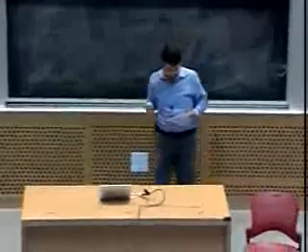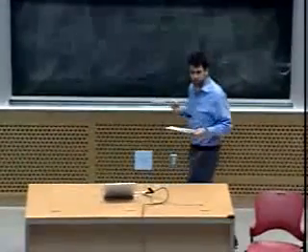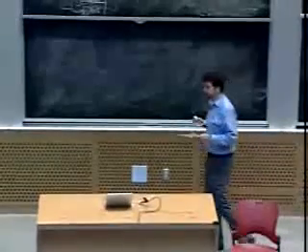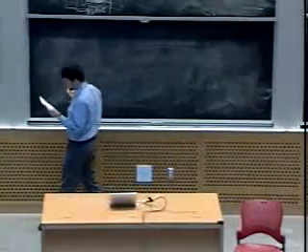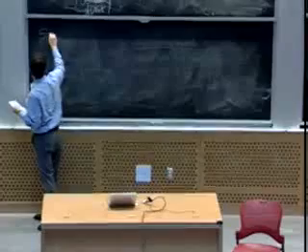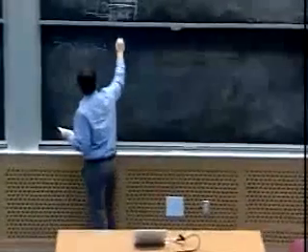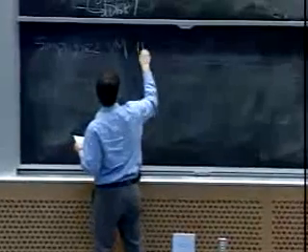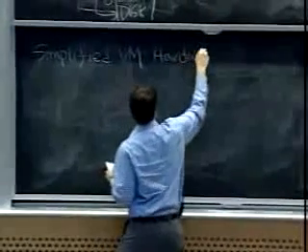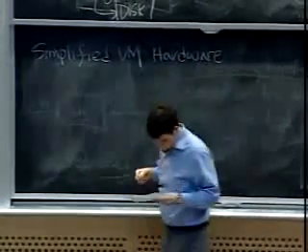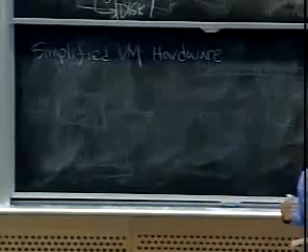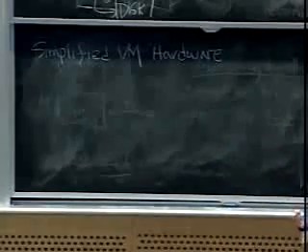Okay, so now let's dive a little bit more into how this virtual memory abstraction actually works, so we can understand a little bit more about what's going on. So this is going to be a simplified VM hardware. This is a simplified version, a little bit simplified even from what you learned about in 6004.